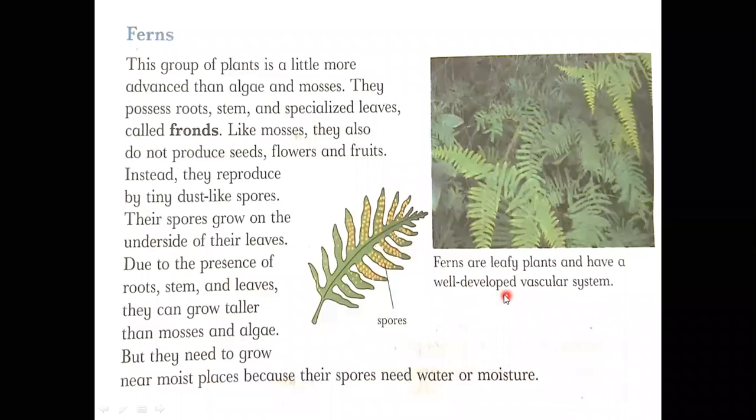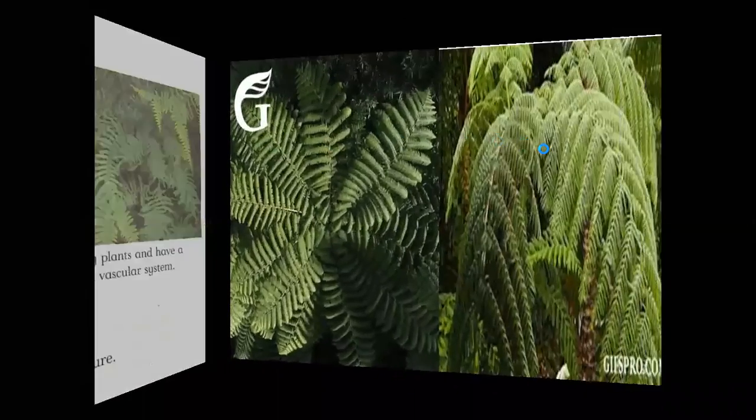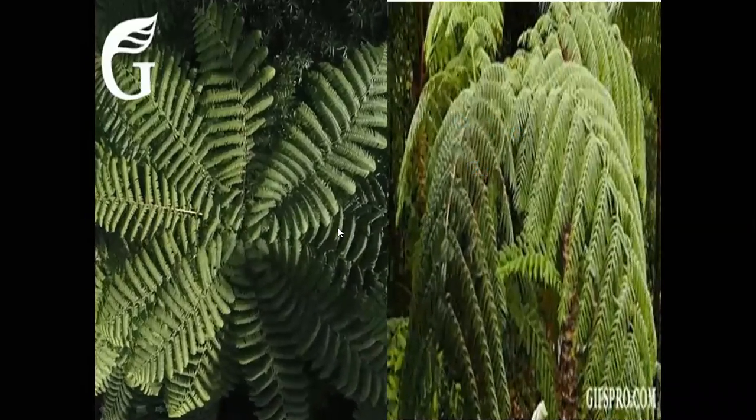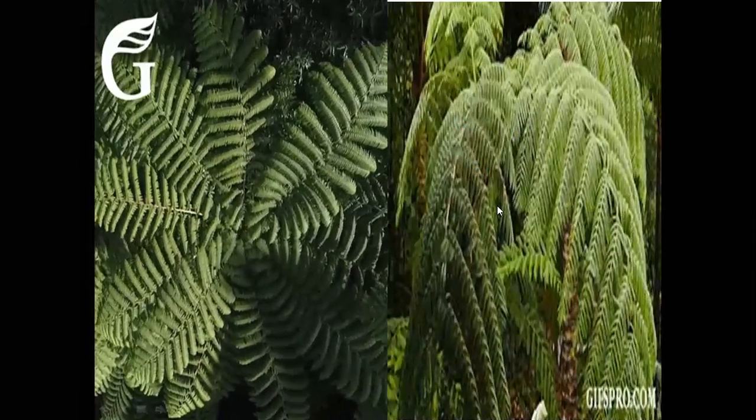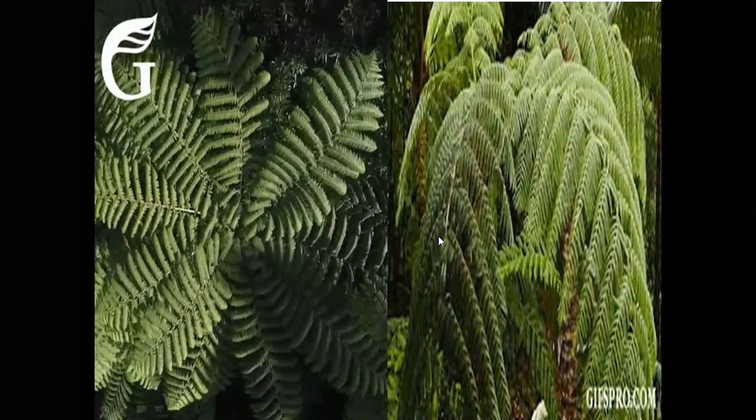Dear students, vascular system consists of two types of tissues, xylem tissue and phloem tissue. Xylem tissue transports water and dissolved minerals to the leaves, and phloem tissue conducts food from the leaves to all parts of the plants. You can see here, this is a plant of ferns. Okay, students.